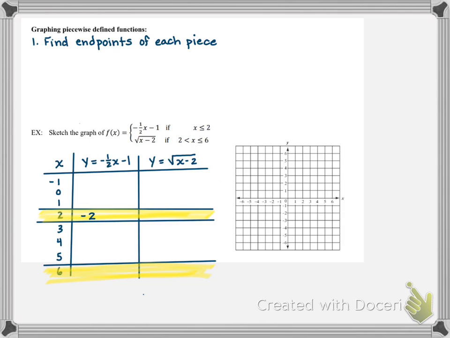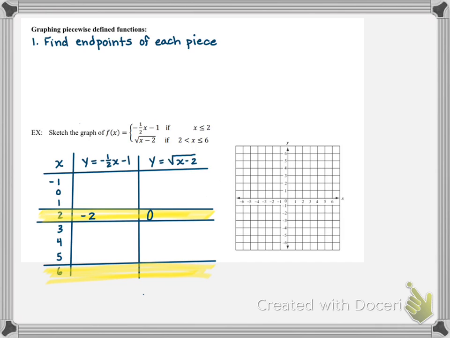And if I plug it into the second one, I get 2 minus 2 is 0, and the square root of 0 is 0. But those can't both be points on my graph because it's a function, right? And I can't have 2 outputs that correspond to the same input. So one of those points at least has to be an open point.